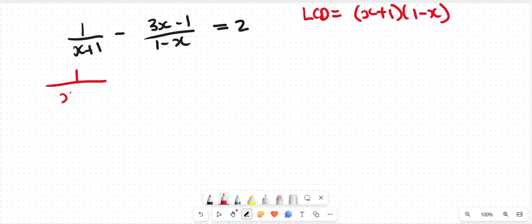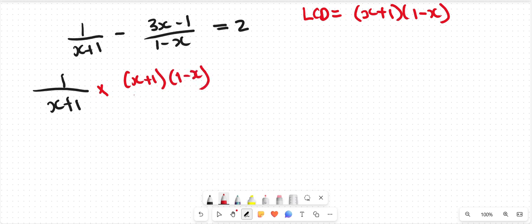So my first fraction, let me write it in black. I just want to show you the multiplication with the LCD part. This first fraction times my LCD, which is x plus 1, 1 minus x. This is being subtracted by the second fraction times your LCD again.